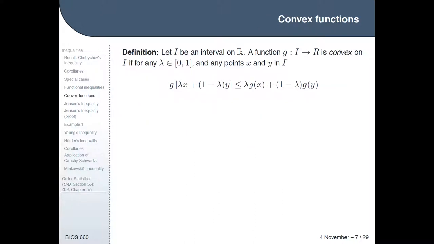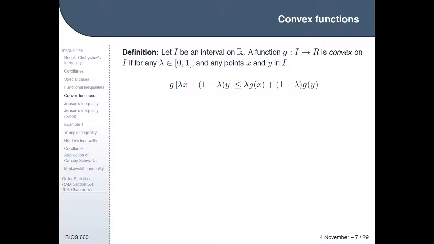Definition of a convex function. You may have learned about this briefly somewhere in calculus at one point, but just to refresh your memory, the formal mathematical definition is really hard to wrap your brain around.